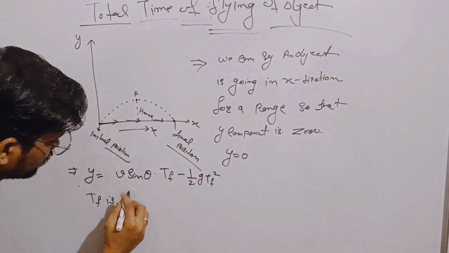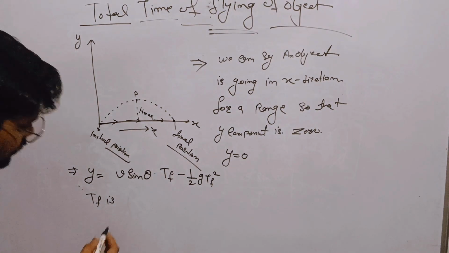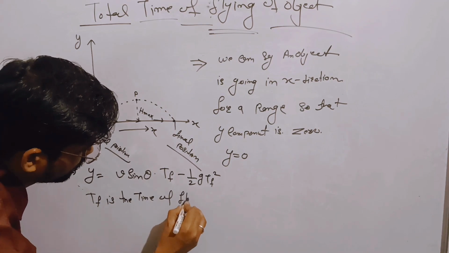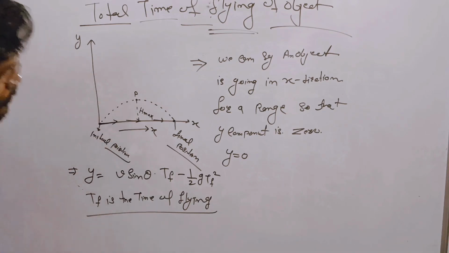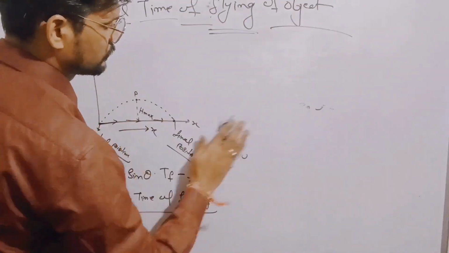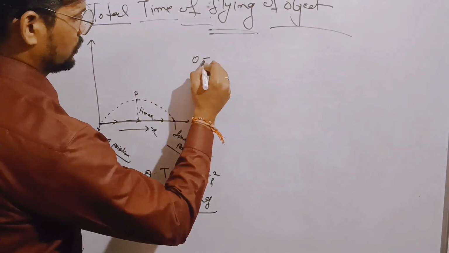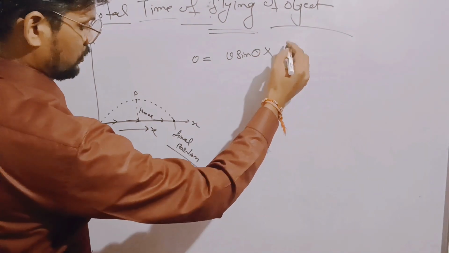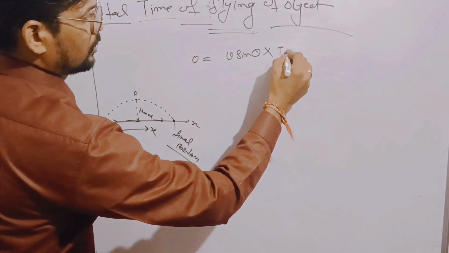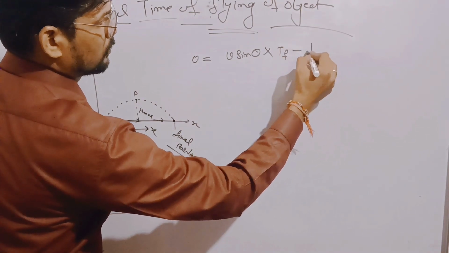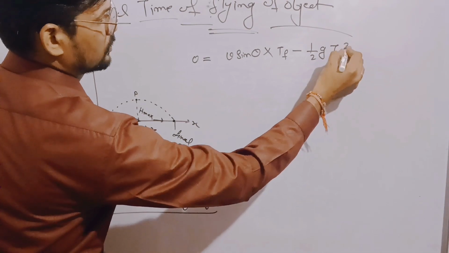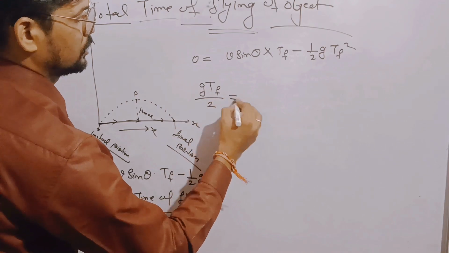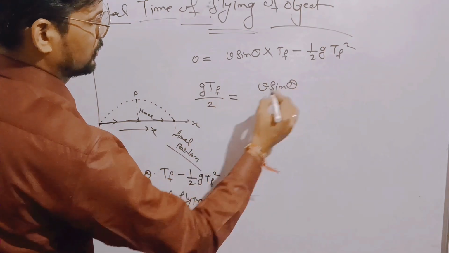tf is the time of flying. So next, 0 for the y, and 0 is equal to v sin theta into tf minus 1 by 2 g tf whole square. g tf upon 2 is equal to v sin theta.